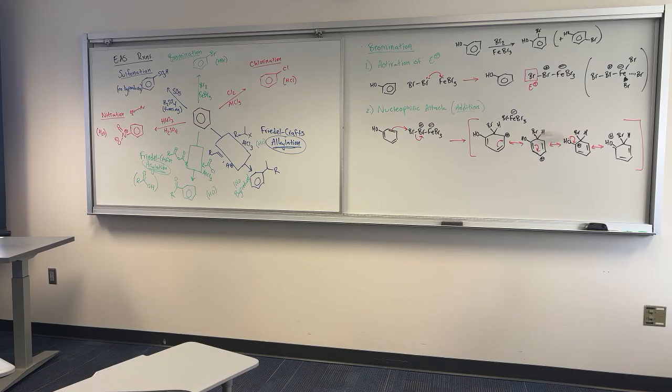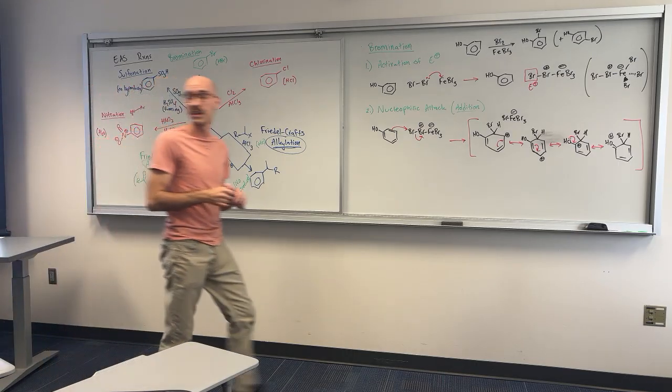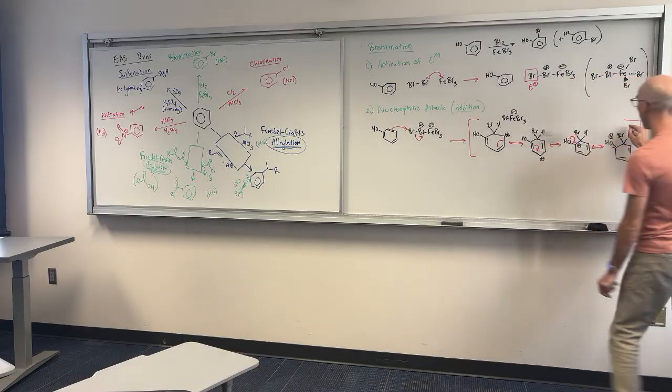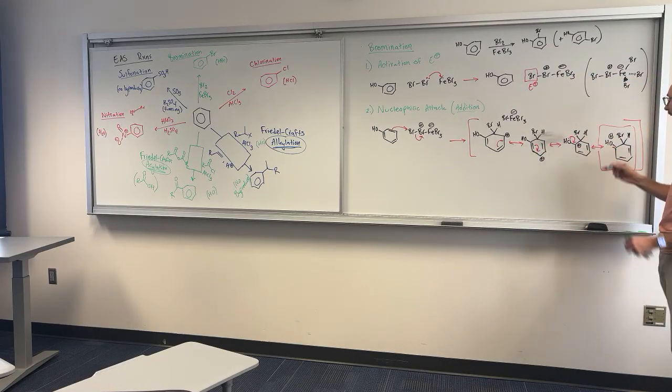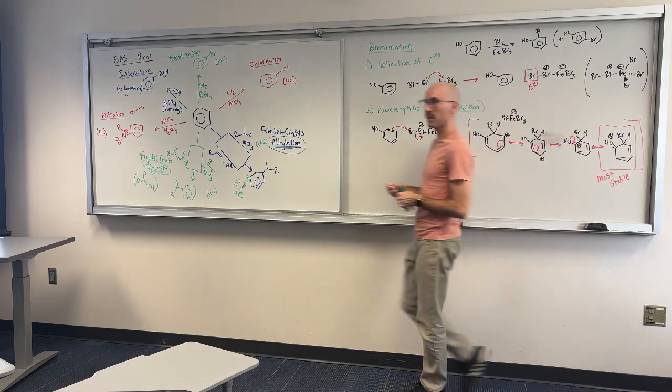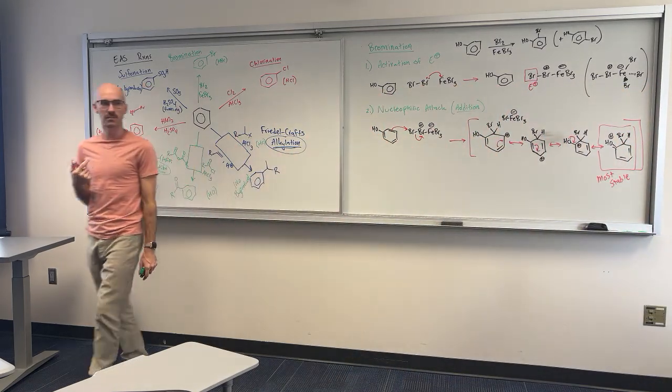None of them. Which of these maximizes bonds to carbon? Far right. That's our answer. Despite the fact that it puts the positive charge on oxygen, we are not aiming for appropriate charge placement yet. We are aiming to maximize bonds to carbon.